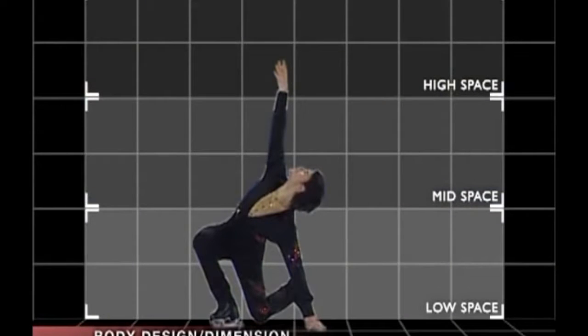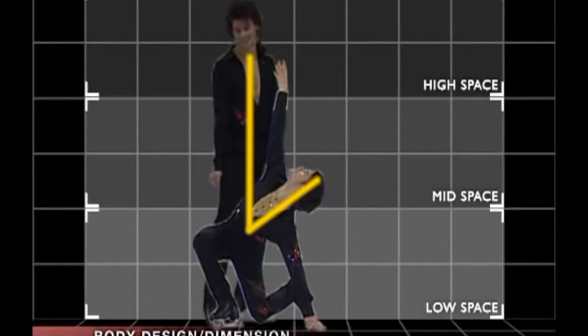This skater is already in the low space with the body core stretched while beginning his program.